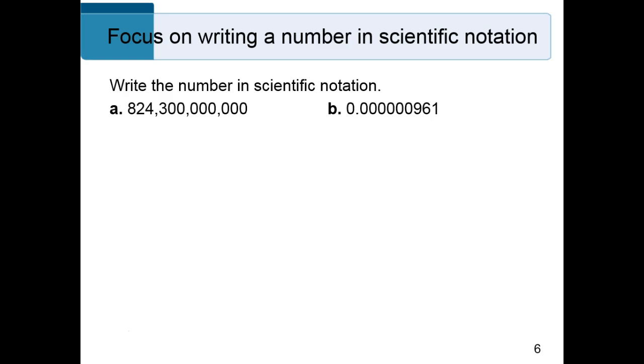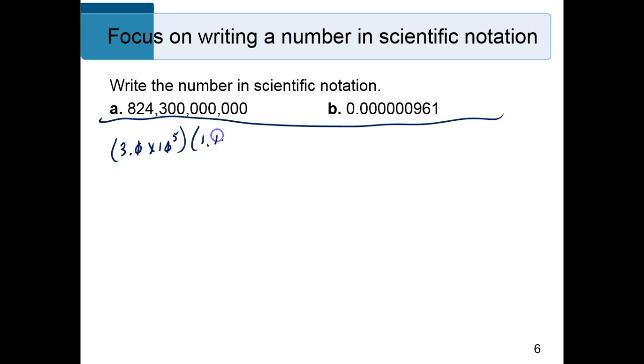Okay. This is on page 17. It says multiply or divide. Here's the first one. 3.0 times 10 to the fifth times 1.1 times 10 to the negative 8.